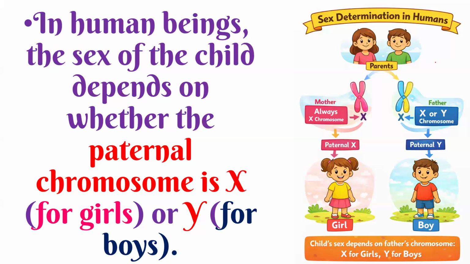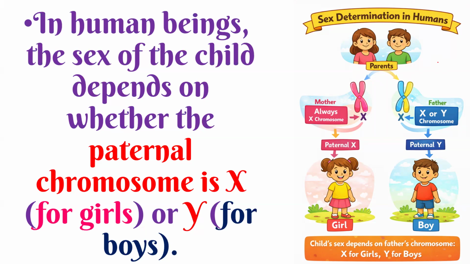In human beings, the sex of the child depends upon whether the paternal chromosome is X or Y. If XX, it is a girl. If XY, Y indicates a boy. Who passes the Y chromosome? The father. So the child's sex depends on the father's chromosome.